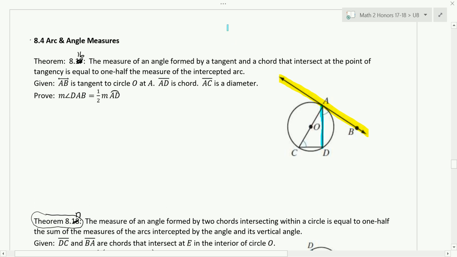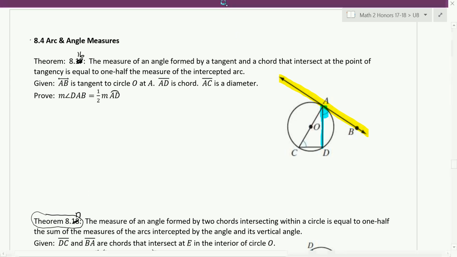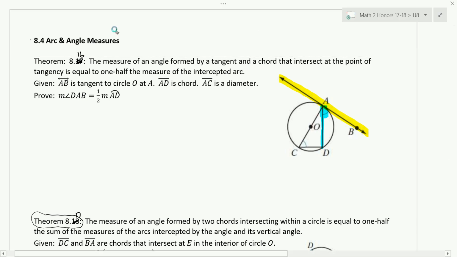Our focus here is on that angle in between the tangent and the chord. And we can find that by finding the measure of arc AD and taking half that measure.